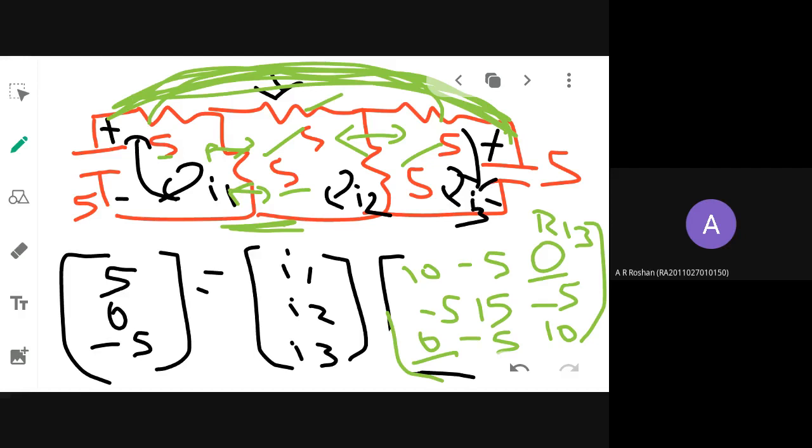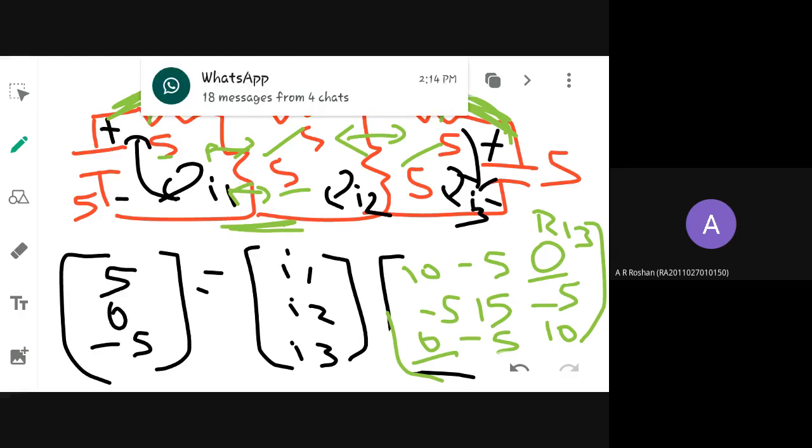Type the equation or write it on paper. And how you are proving I1 is equal to I2 plus I3, finally that equation should be there. And how you are proving E is equal to V1 plus V2, that final equation should also be there.